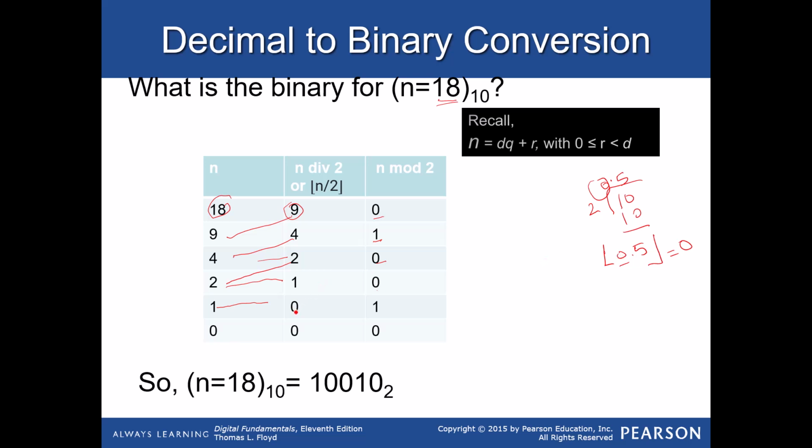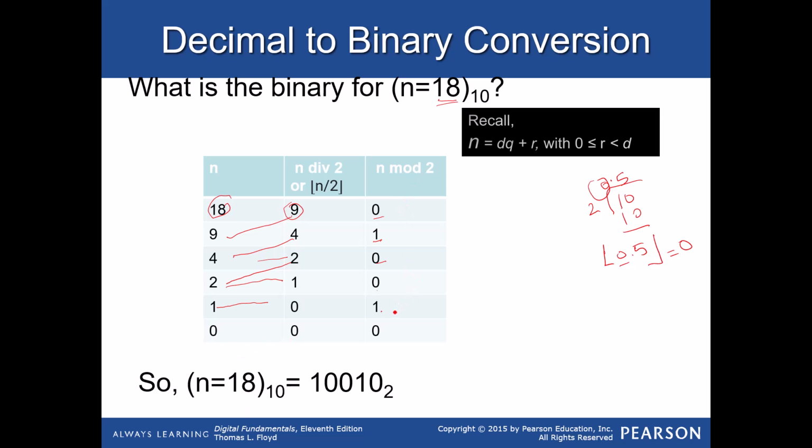This is why we have 0 here, but we have a remainder of 1. And you can carry on. 0 divided by 2 is 0, remainder is 0. I can keep doing this, it doesn't matter.